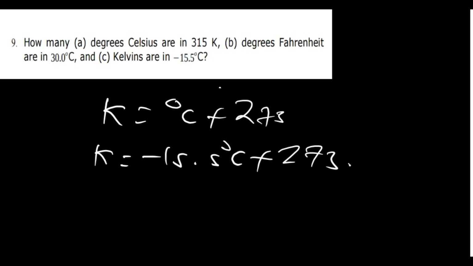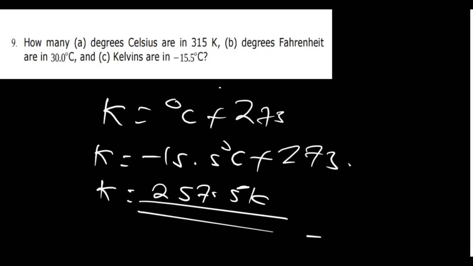So what are we going to get? Negative 15.5 plus 273. Okay, so our temperature in Kelvin is going to be 257.5 Kelvin. So that is going to be the answer for part C. Okay, so that is it for this question.